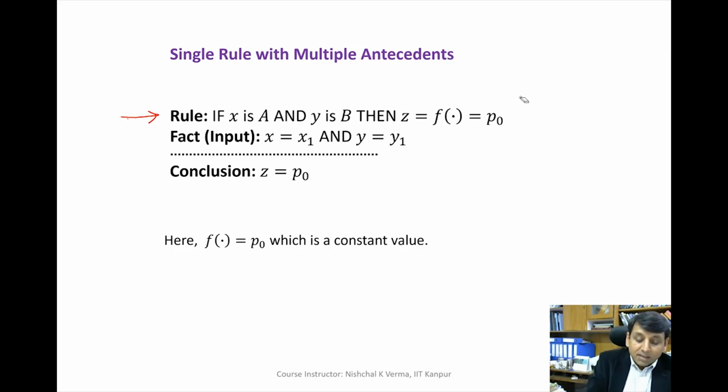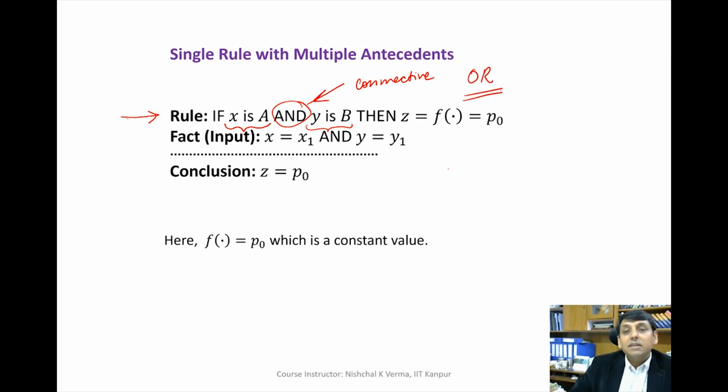But what is the difference here is that we have two antecedents. One is X is A, and the other one is Y is B. And these two antecedents can be joined by a connective. Here we have AND. So this is the connective. Please note that this connective can be OR as well, or any other connective.